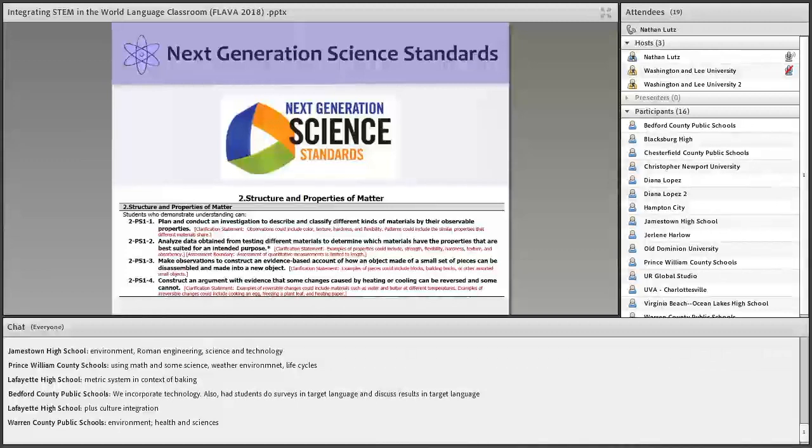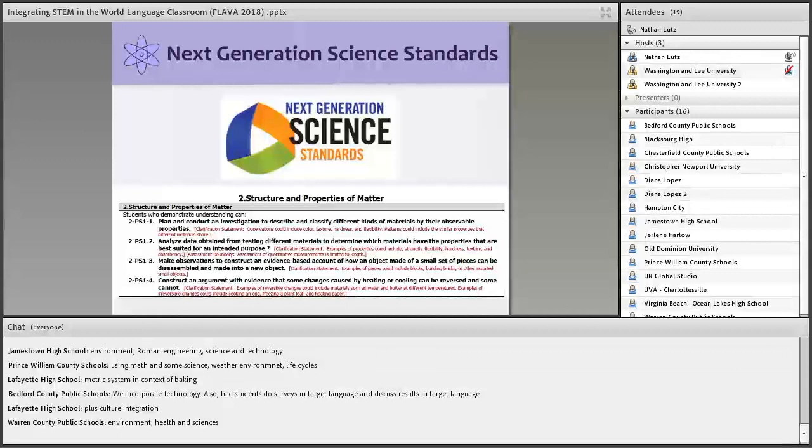One of the resources that I've placed in the wiki is a link to the next generation science standards. And what I really like about these is that they help us understand what topics and what modalities work best for which learners based on grade level. We don't want to give something that's way too complex for our learners, something that will be over their head, that's out of sequence as far as their learning goes.